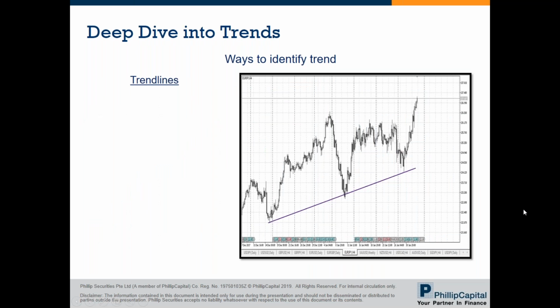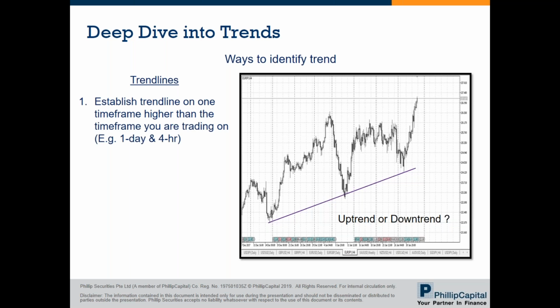The next thing is by using trend lines. So what are trend lines? By one look, you can see that by connecting the three lower lows, this is forming a trend. In the same way, when you establish a trend, you want to look at one time frame larger.